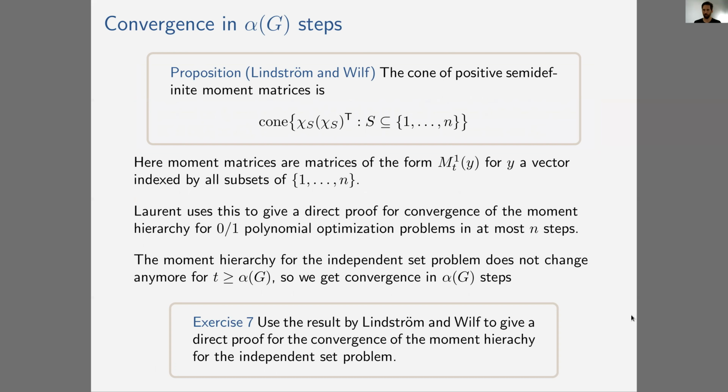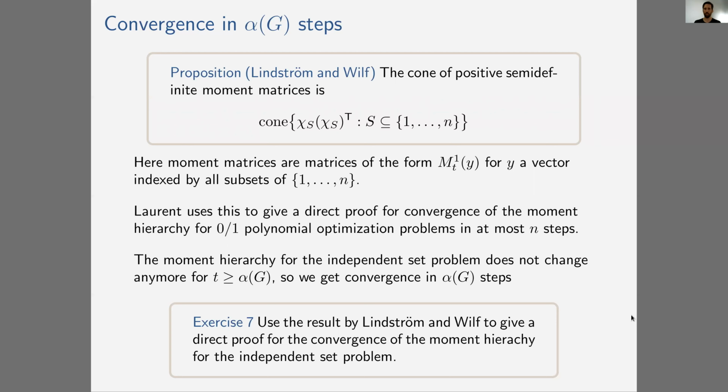But what happens in the Lasserre hierarchy at the final step is that the spectrahedron actually becomes a polytope. So the feasible set becomes a polytope. And then the extreme points of these polytopes actually correspond to independent sets.